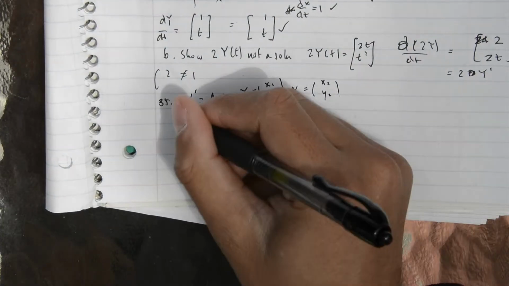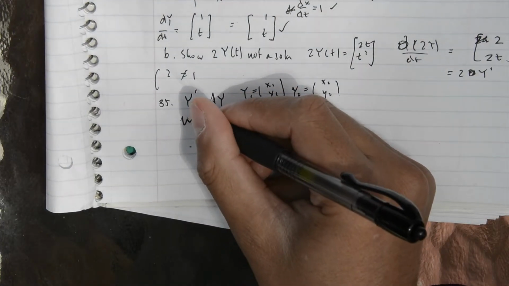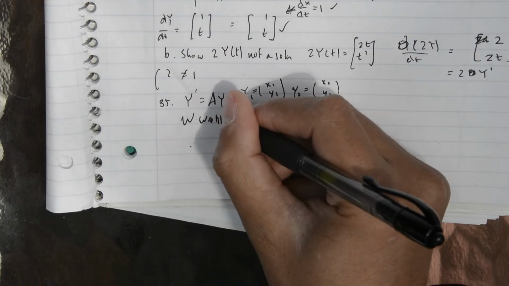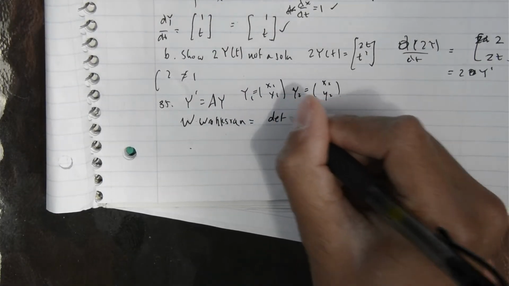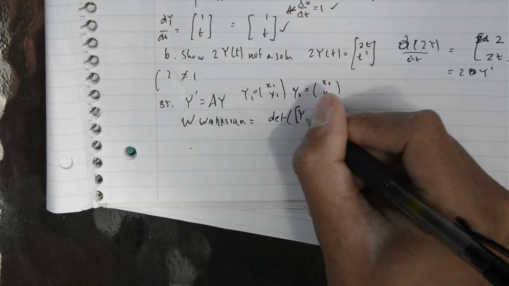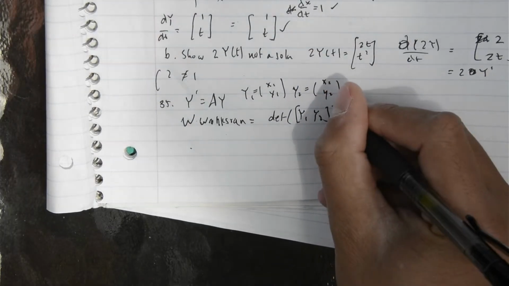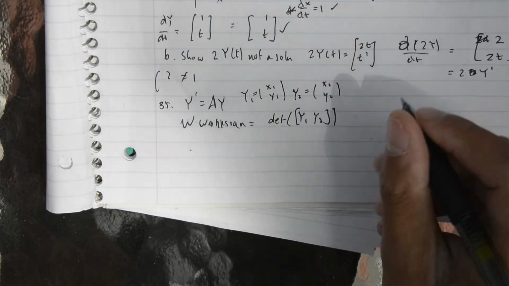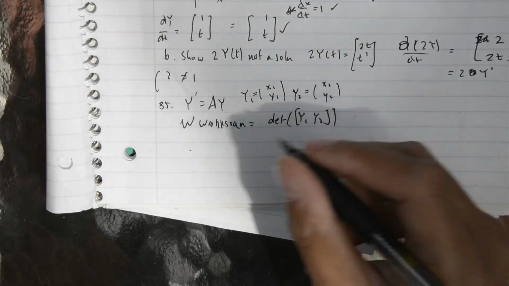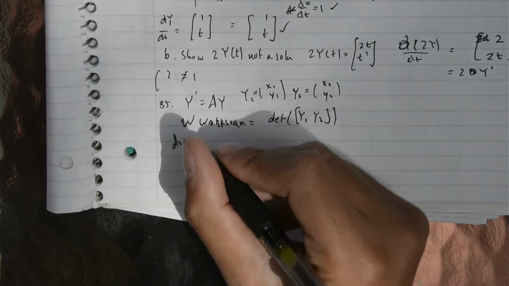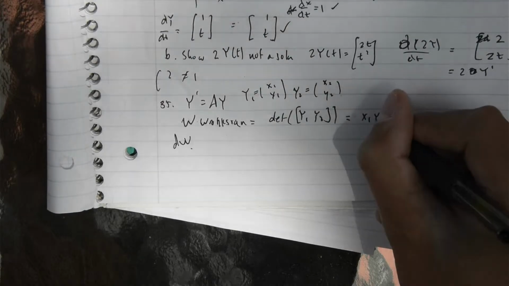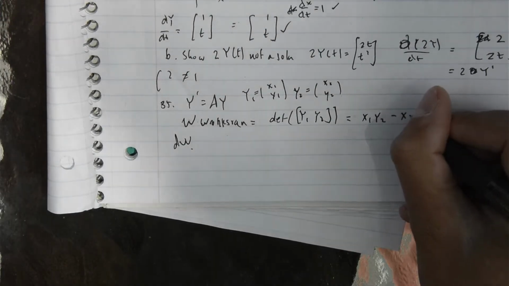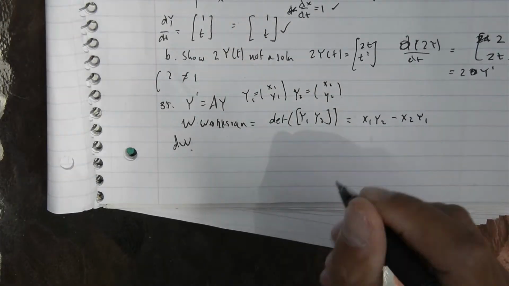The Wronskian W is equal to det of y1, y2, which is x1 y2 minus x2 y1.